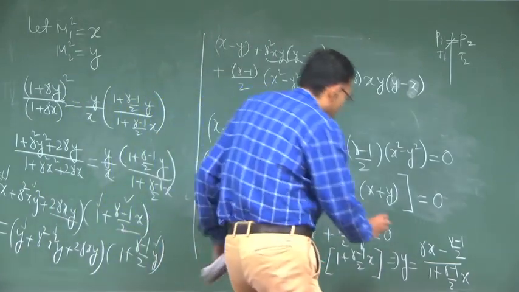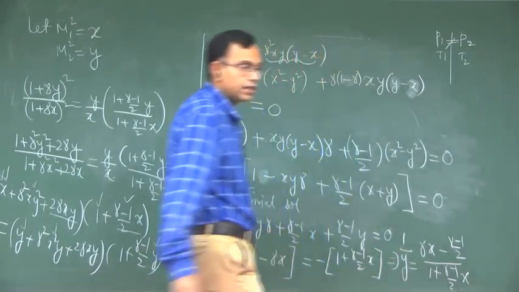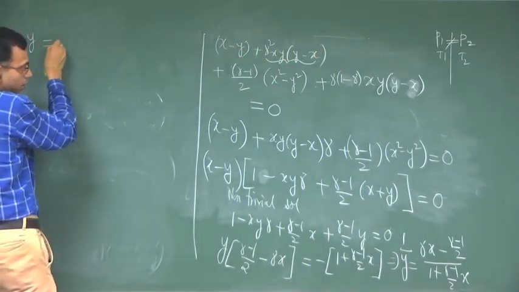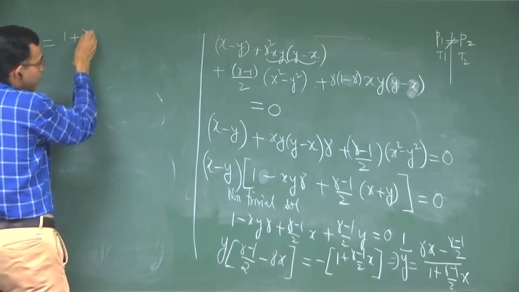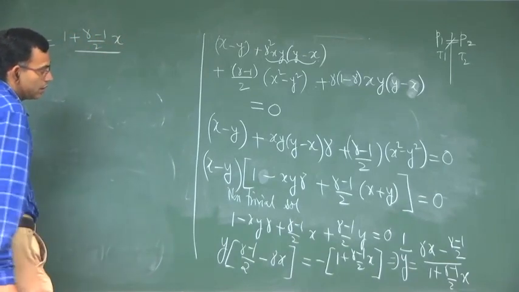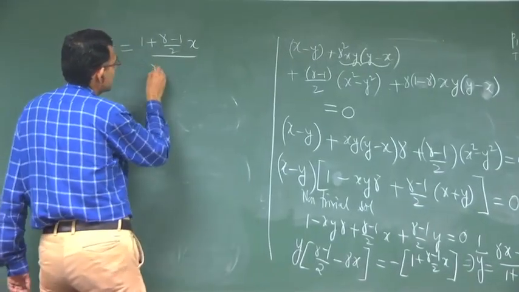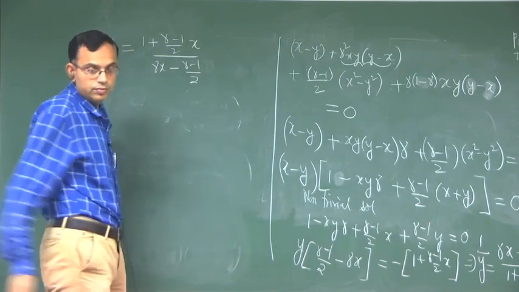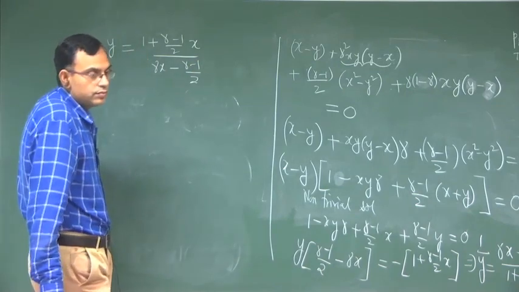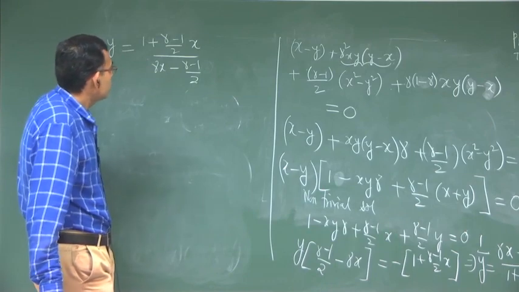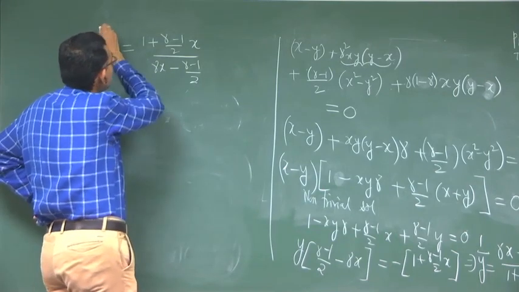So, how do we write 1 by y? Let me write it like that. So, y will be 1 plus gamma minus 1 by 2 x, then gamma x minus gamma minus 1 by 2, right. So, hopefully this is correct.